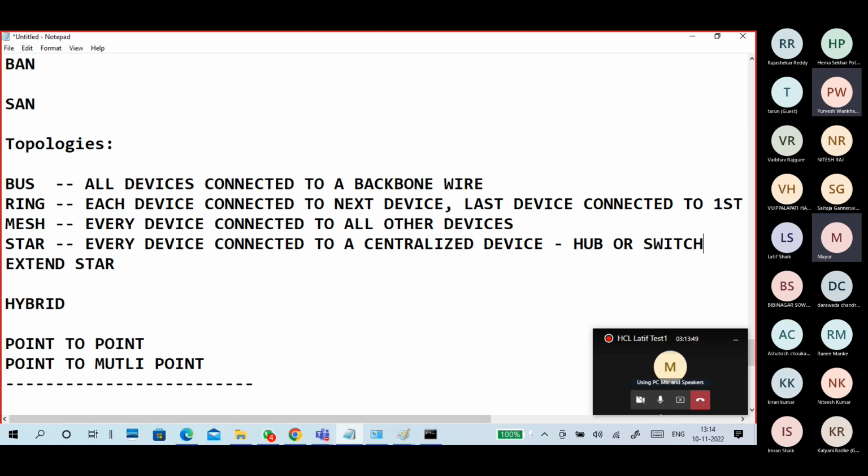We are using a switch device. Extended star: we can connect a star topology to other star topologies.